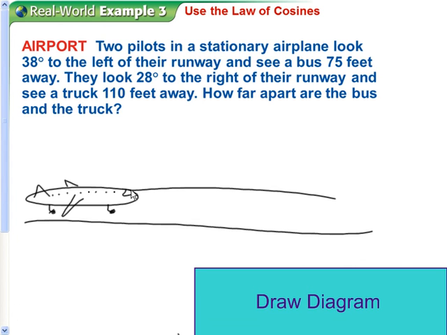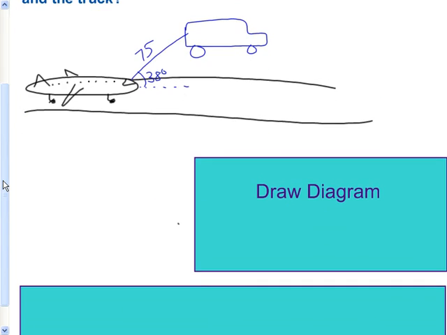So we've got that. Now we need to draw a bus. There's our bus, and it is 75 feet away. And they looked out how many degrees? 38. All right, now we have a truck.